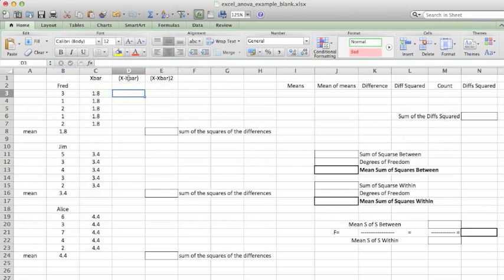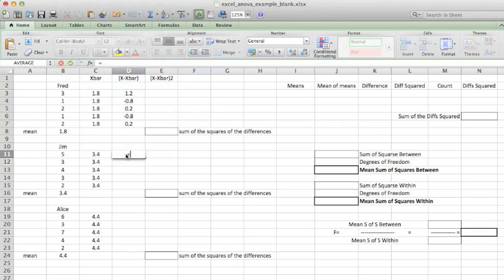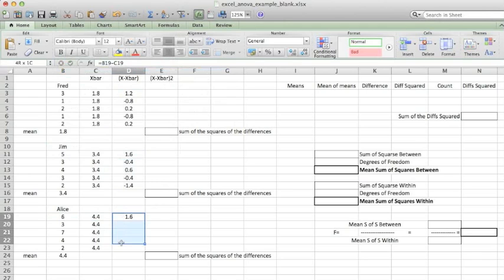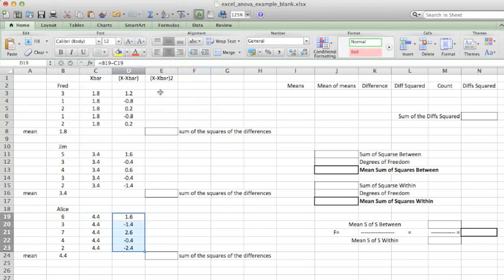Now I'll calculate the difference between each value and the mean for that group.